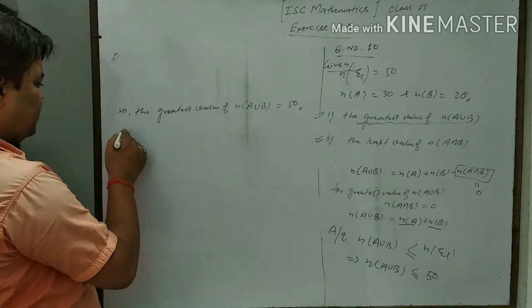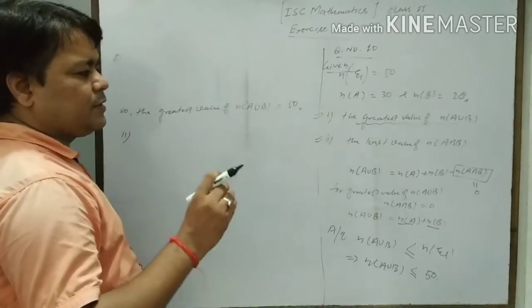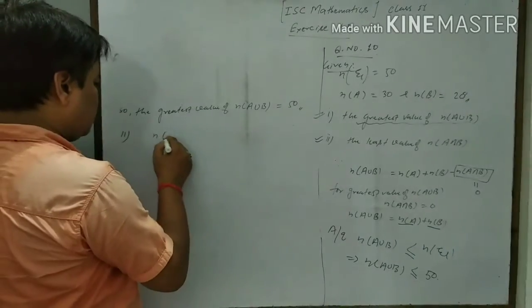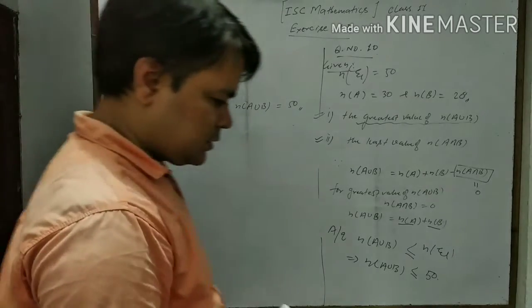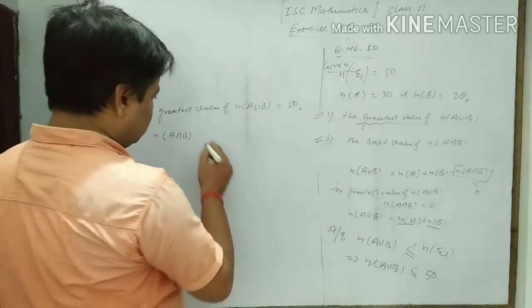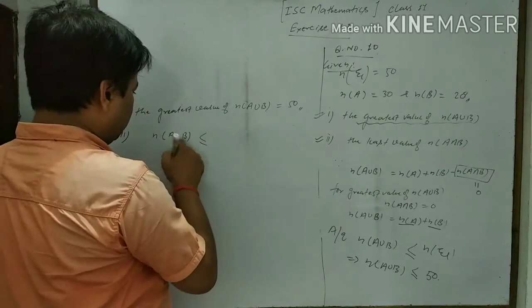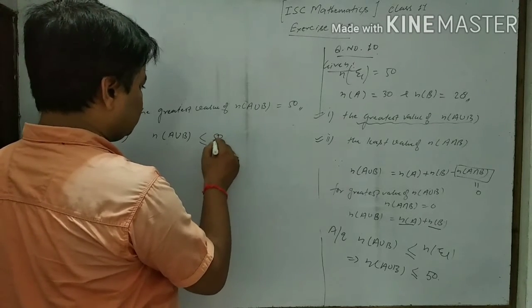Now the second part, the least value of the cardinal number of A intersection B. We know that the cardinal number of A intersection B is less than or equal to, A union B is less than or equal to what? 50.